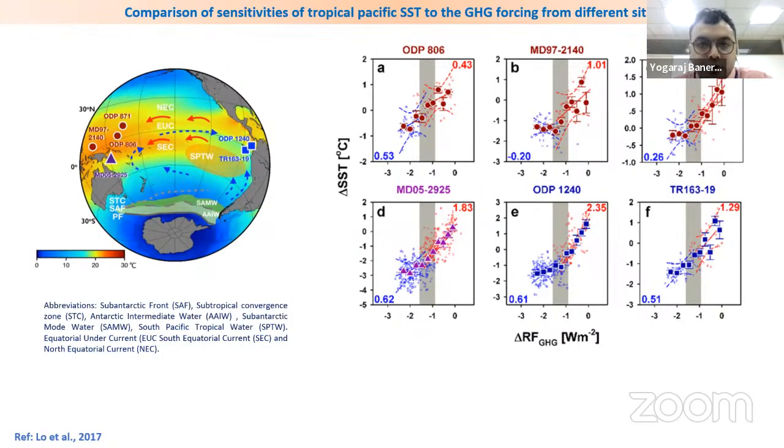The other cores are ODP 806, MD 972140 and ODP 871 from the western part of the Pacific, and then we have MD 2925 also from this region, and then ODP 1240 and TR 163-19, which are from the eastern part of the Pacific. What we can see is that all the records are showing some kind of changes in terms of the sensitivity.